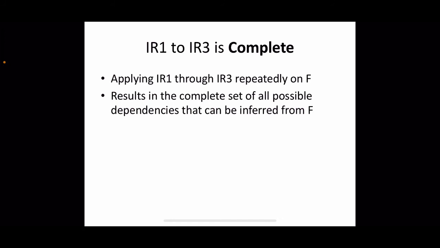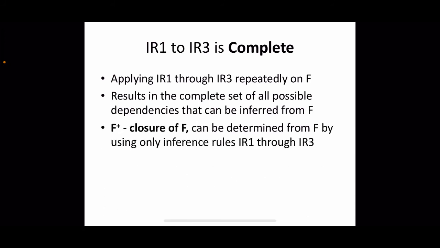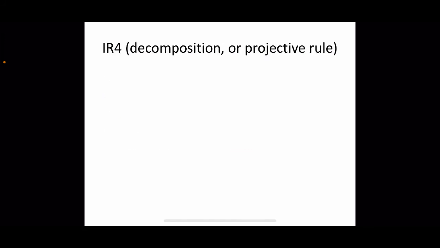Okay, that is called complete. So IR1 to IR3 is sound and complete. Now F plus, or closure of F, can be determined by using only inference rules IR1 through IR3. Anyway, we can see some more additional rules. Those are IR4 through IR6, right?